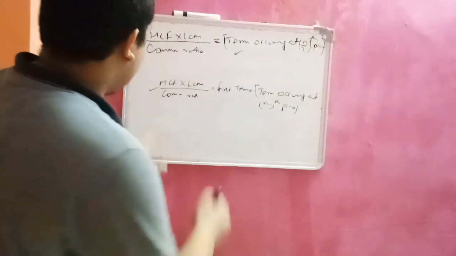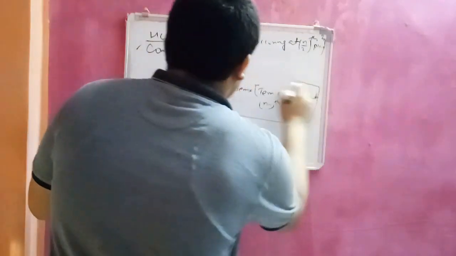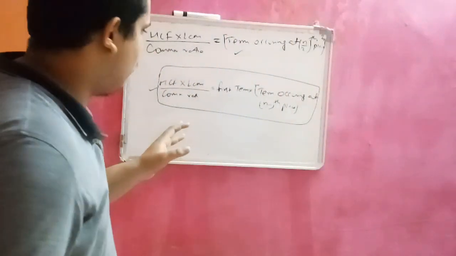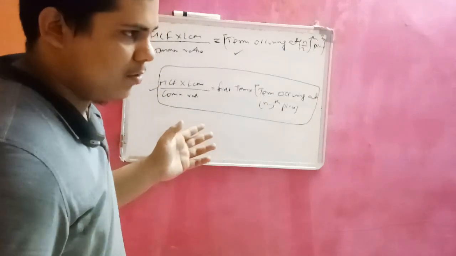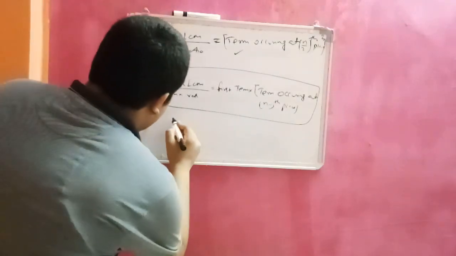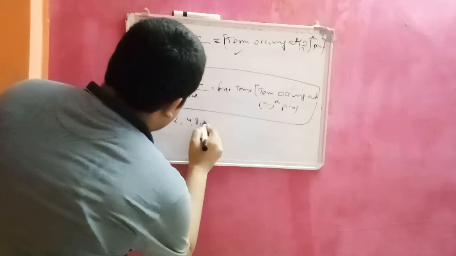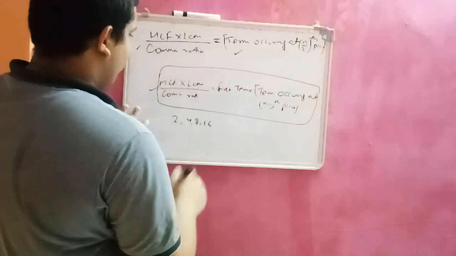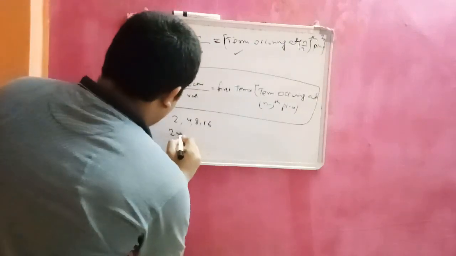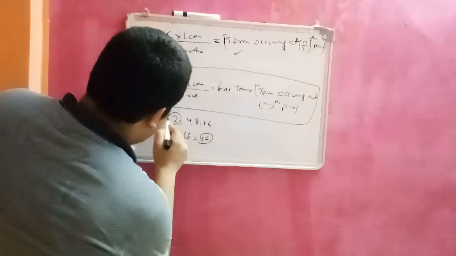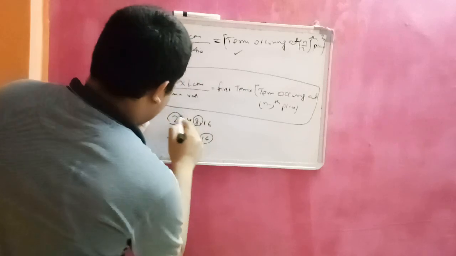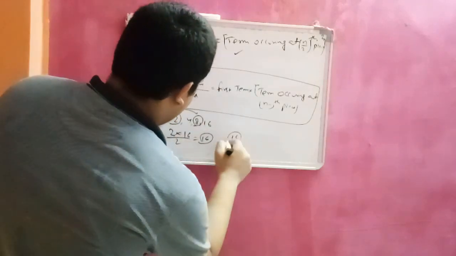Later I found that the second relation is applicable for both, for an even number of terms as well as for an odd number of terms. For example, if we take 2, 4, 8, 16, the number of terms is 4, which is even, HCF, first term, into LCM by common ratio is 16. For the first term and the term occurring at n minus 1th place, it is 16, equal.